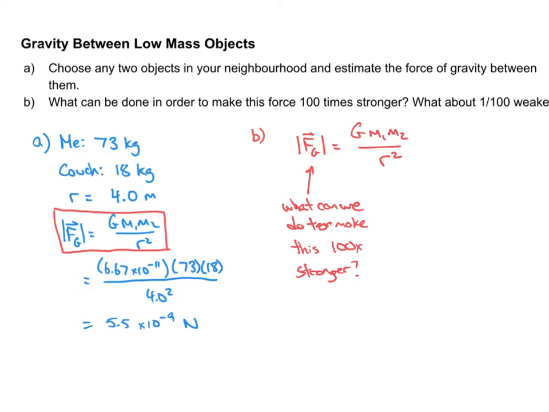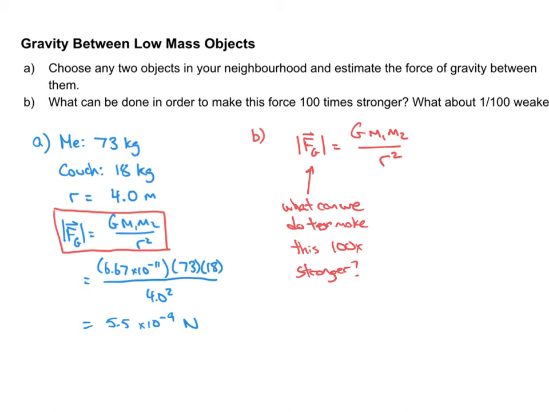Well, we're allowed to consider any other variables in the equation. So those variables are m1, m2, and r. So if we think about the left side of the equation and the right side of the equation, we want the left side to be 100 times stronger, which means we got to make the right side 100 times stronger. And there's multiple ways to do that, actually. So I'll just list out a few ways.